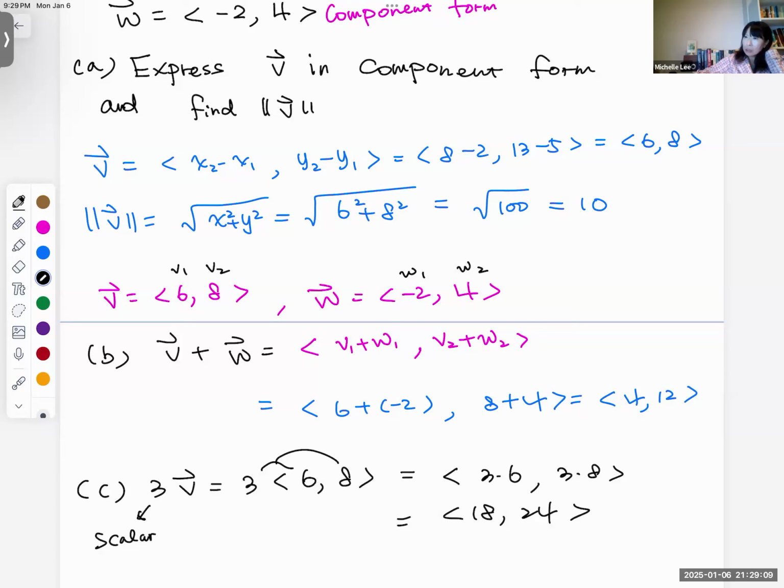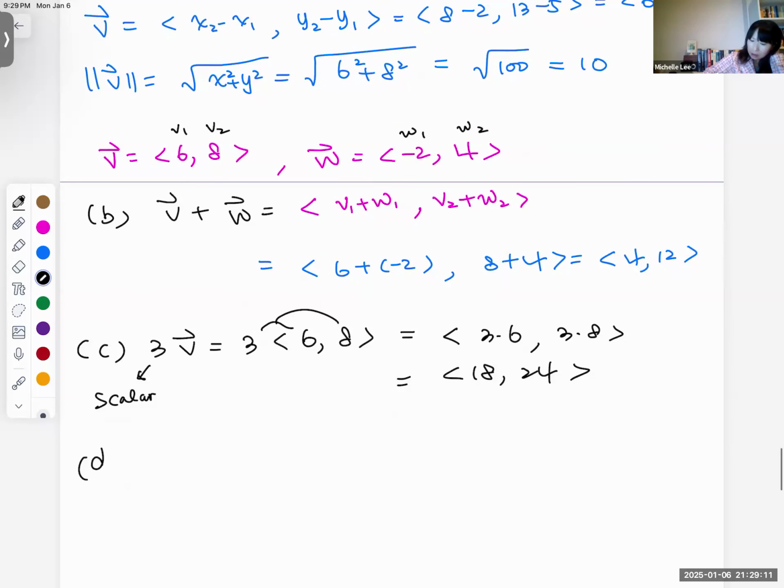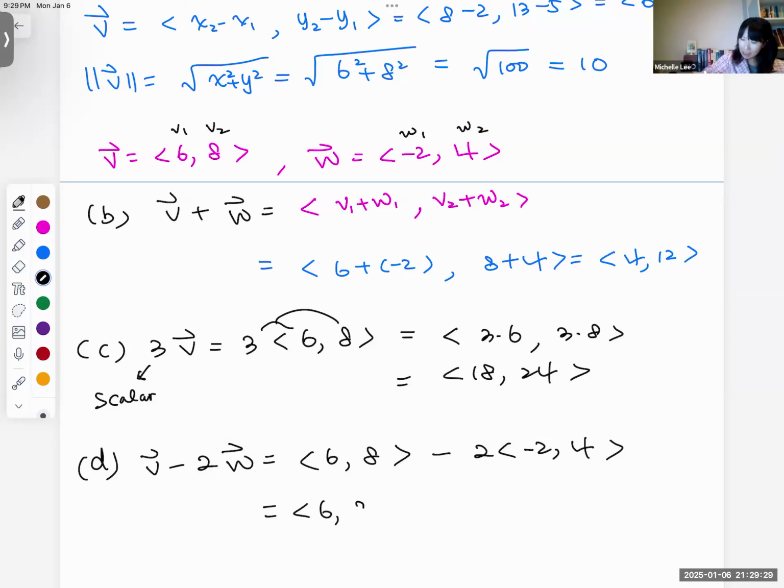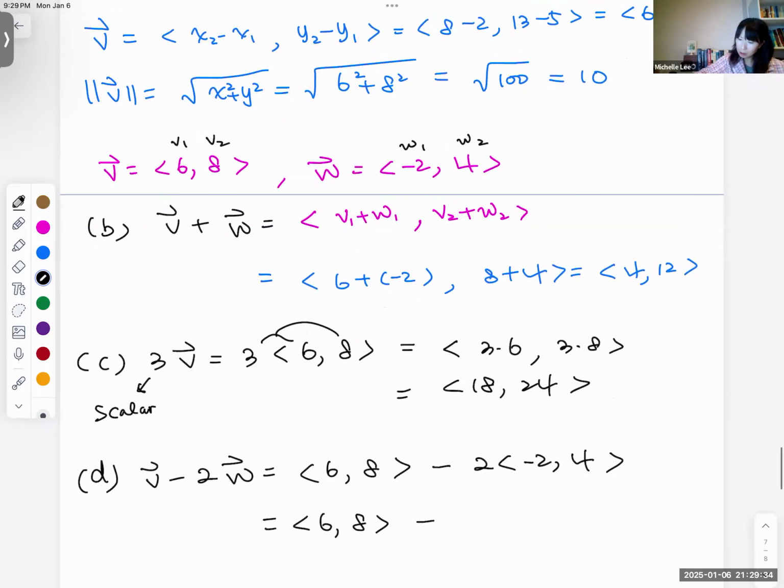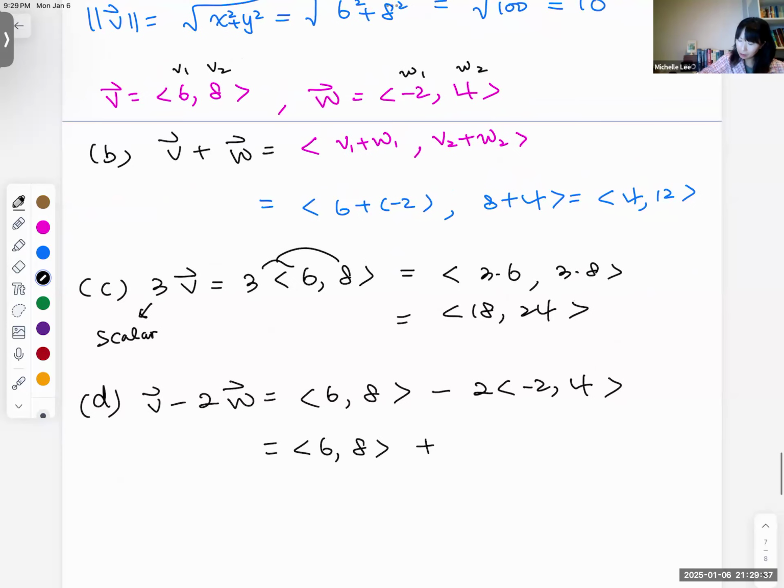The last one: v minus 2 times w, right? So (6, 8) minus 2 times w, and w is negative 2 and 4. So let's make it a plus and give the negative to the inside: negative 2 times negative 2 and negative 2 times 4.